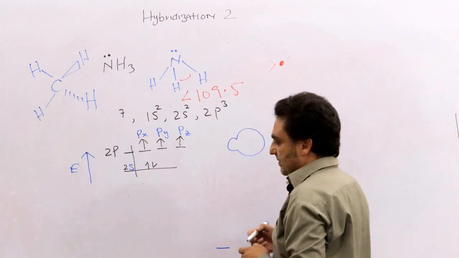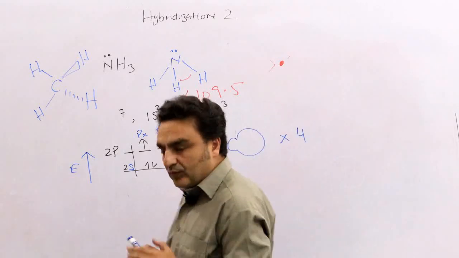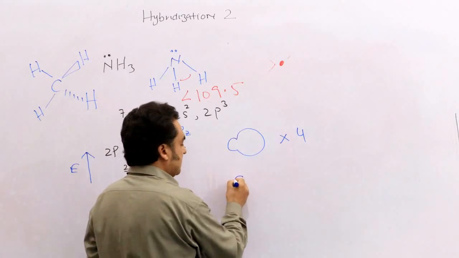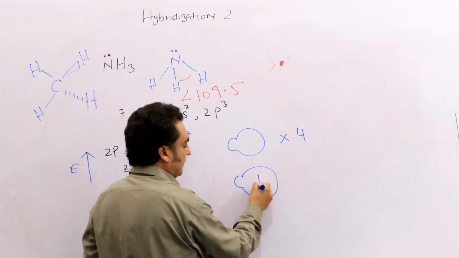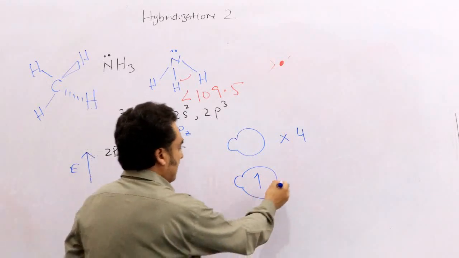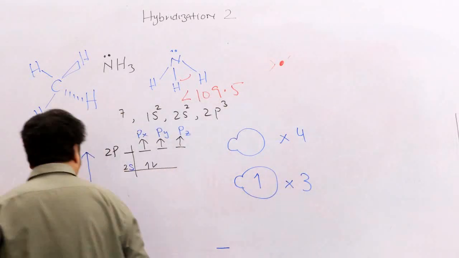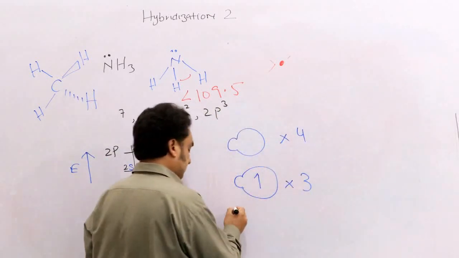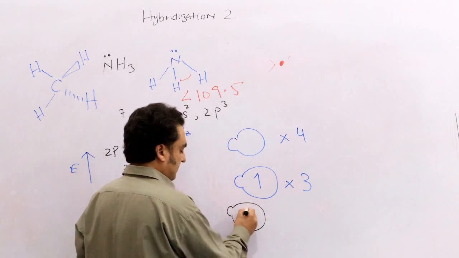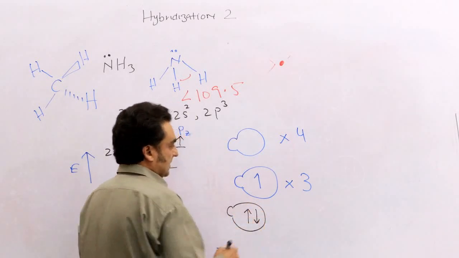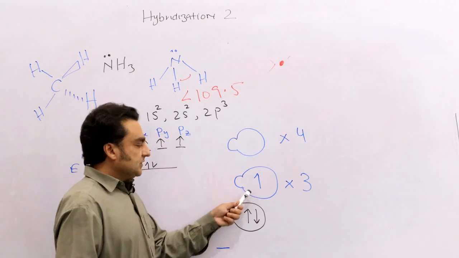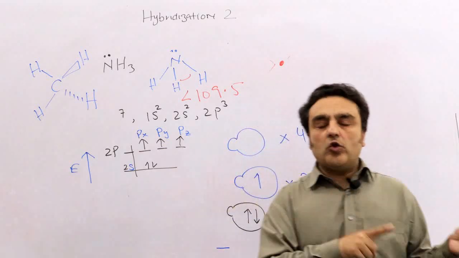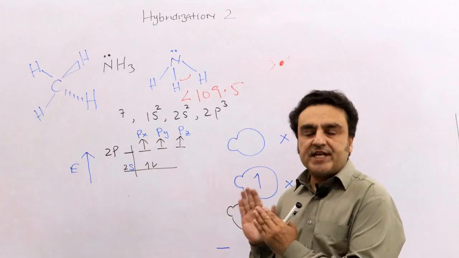One thing you should remember is that among those 4 orbitals, 3 orbitals will have 1 electron each, but one of the 4 orbitals will have a lone pair of electrons. So this means that nitrogen can form 3 bonds and will keep its lone pair in an sp3 hybridized orbital.